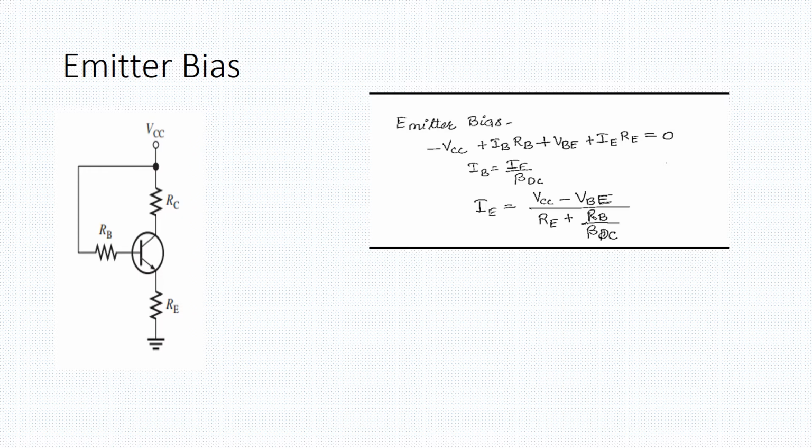Rather, it can even be written as VCC is equal to IBRB plus VBE plus IERE. Fine. So from this you can define the current IB. We know universally IB is equal to IE upon beta DC. So using the above relations, you can find out the emitter current, which is VCC minus VBE upon RE plus RB upon beta DC, where beta DC defines your current gain.